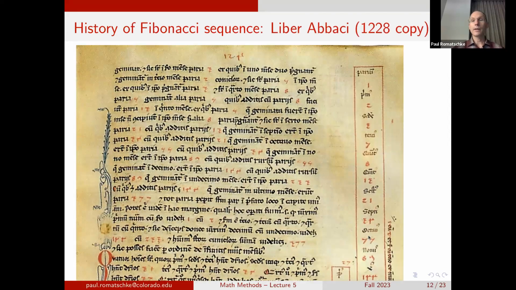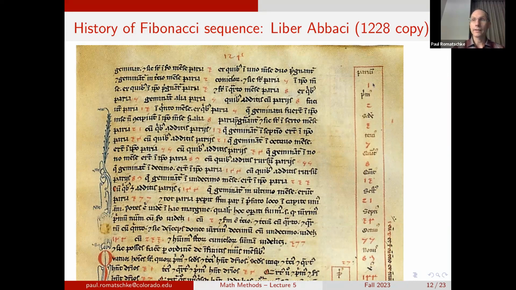The original Liber Abaci has not survived the centuries, but there's a copy from 1228 which survives, and in particular there's a page from this 1228 book that has these margins here which exhibit the Fibonacci sequence.